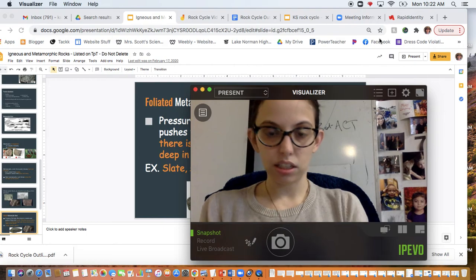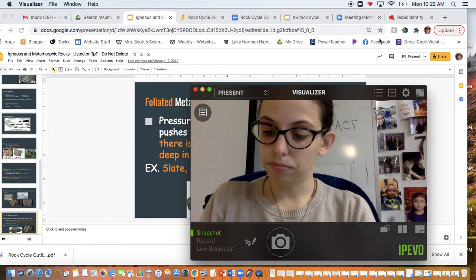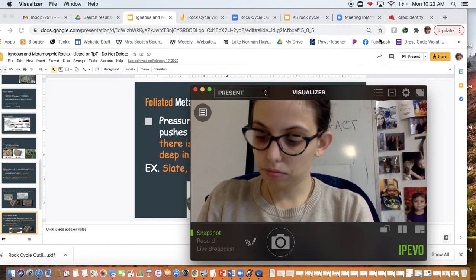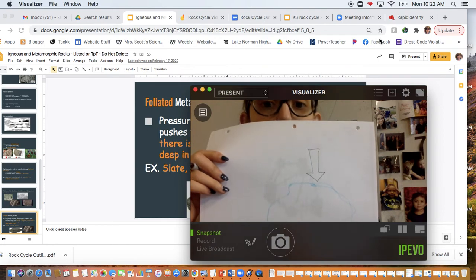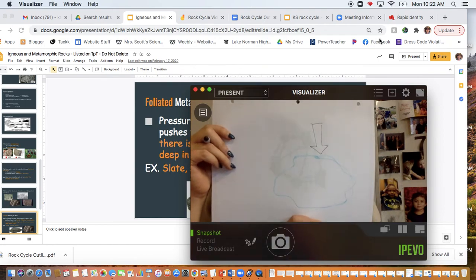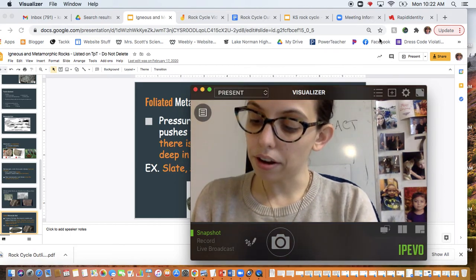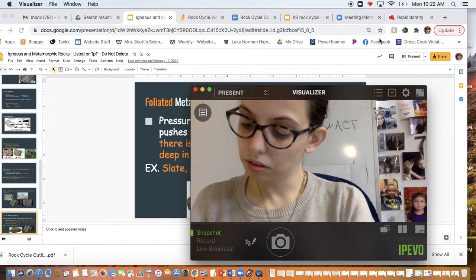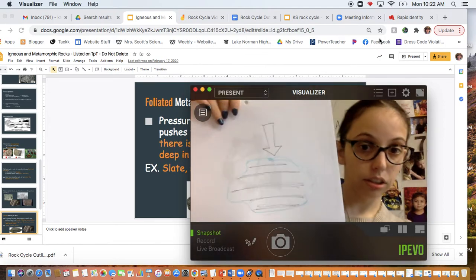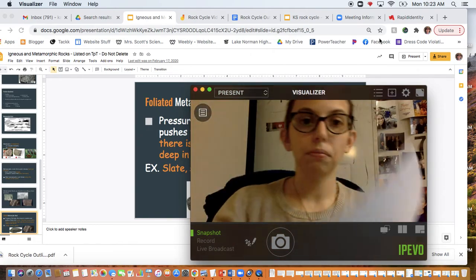Maybe it's near like a plate boundary or something like that. Directed pressure means the pressure is coming from primarily one way. Okay, the foliations, the stripes, are going to be perpendicular to that direction. Okay, so that's how you would end up with something like this.